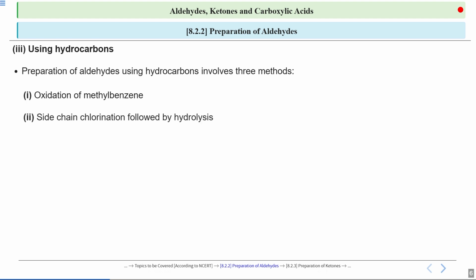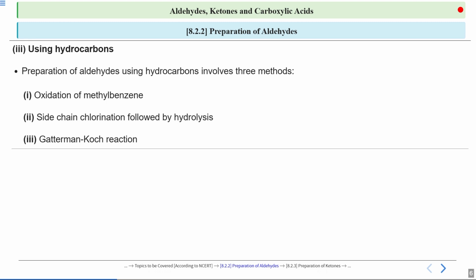Next method is side chain chlorination followed by hydrolysis. This method involves adding chlorine to the side chain of the hydrocarbon, which is then converted into an aldehyde through hydrolysis. And the third method which we will discuss is the Gattermann-Koch reaction. It is a technique to produce aldehyde from hydrocarbon.